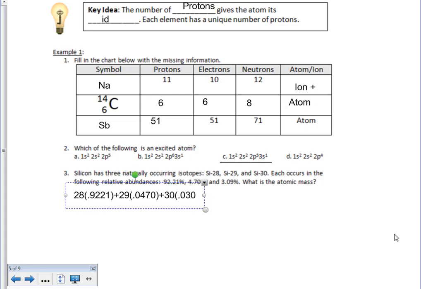If you were to solve that, you should get the answer of around 28.1088 AMU. If you ask yourself, does this make sense? You have the largest proportion or percentage of your isotope being that of 28, therefore your answer does indeed make sense in that regard.